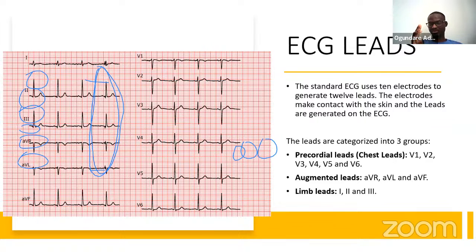There are 3 of them: lead 1, lead 2, and lead 3. The augmented leads, you have 3 of them: AVR, AVL, and AVF. And the chest leads, there are 6 of them: V1 to V6. Coming together, that gives you 12. And that is where we have the standard 12 lead ECG. I hope that makes sense.